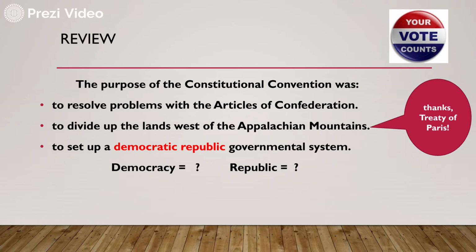So, a little background. We start with the Constitution itself. The purpose of the Constitutional Convention was to resolve problems with the Articles of Confederation. If you recall, before we had the Constitution, our first form of government was the Articles of Confederation, which was established after the American Revolution to be our form of government for the original 13 colonies.